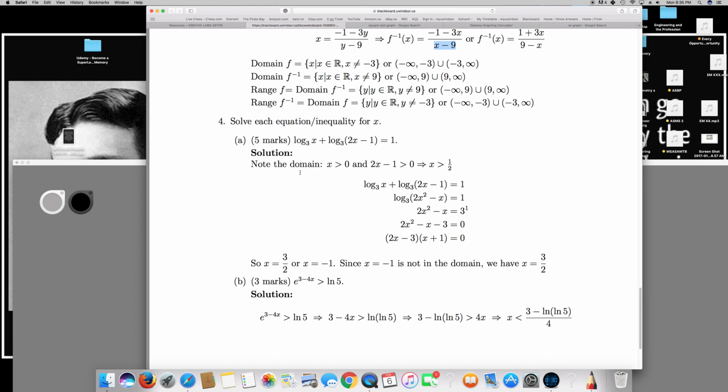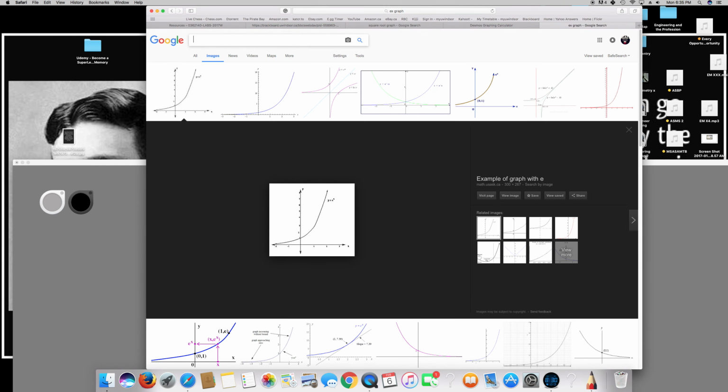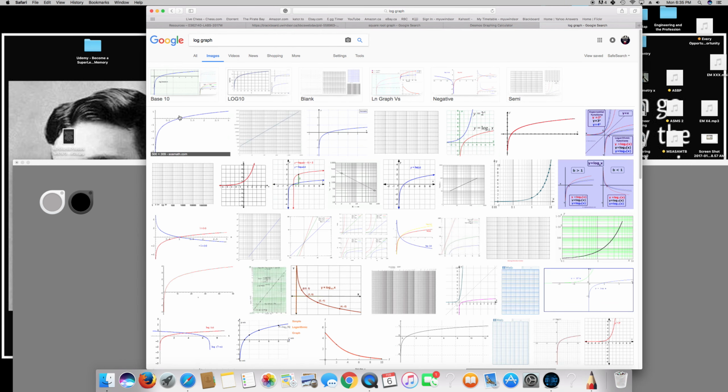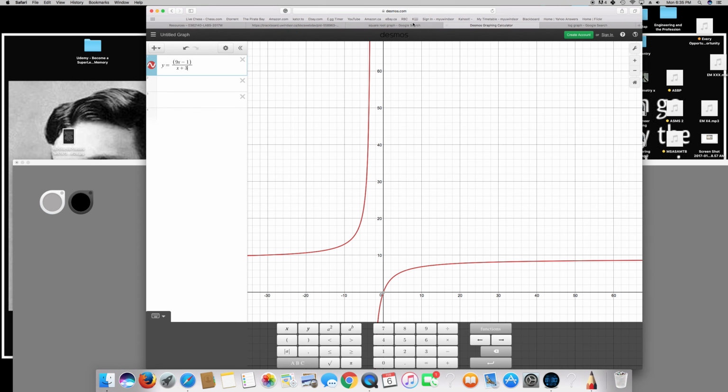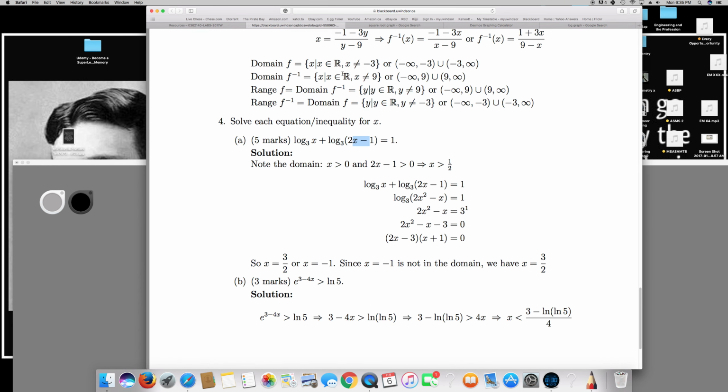So note the domain should be greater than 0, because if you look at a logarithm graph right here, log is never below 0, like the domain. If you see the domain, x is never below 0. So that's why it should never be below 0.